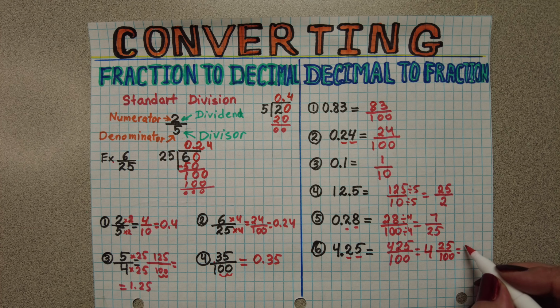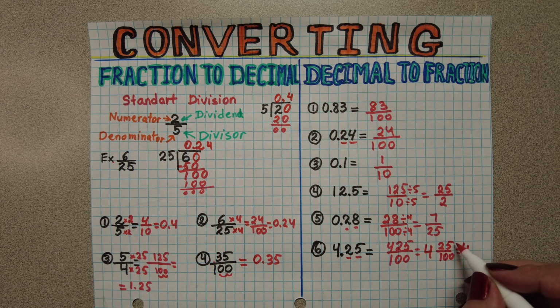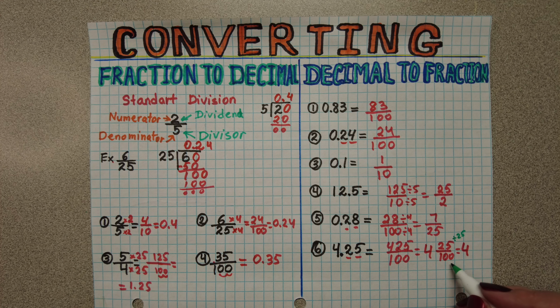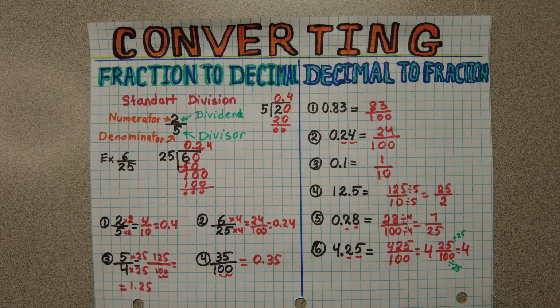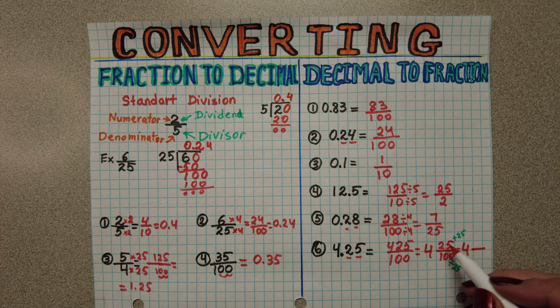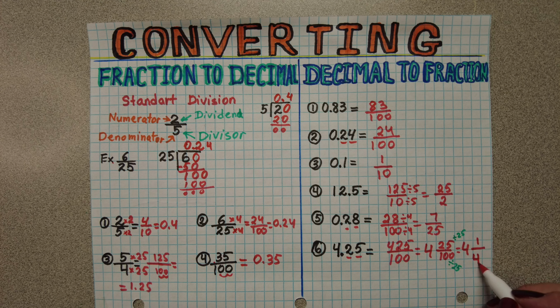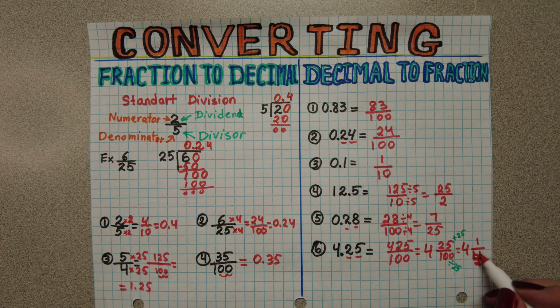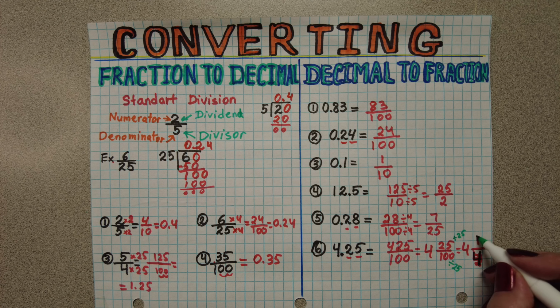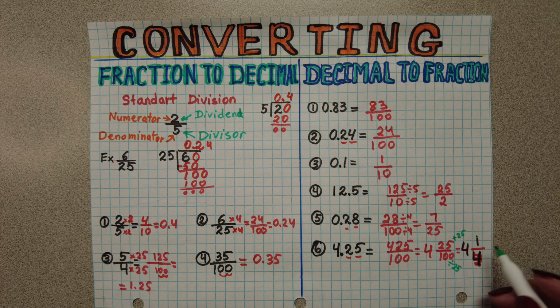We will get 4 whole, 25 divided by 25 and 100 divided by 25. We will write here 4 whole 1 over 4. 100 divided by 25 is 4. Okay. This is what we got.